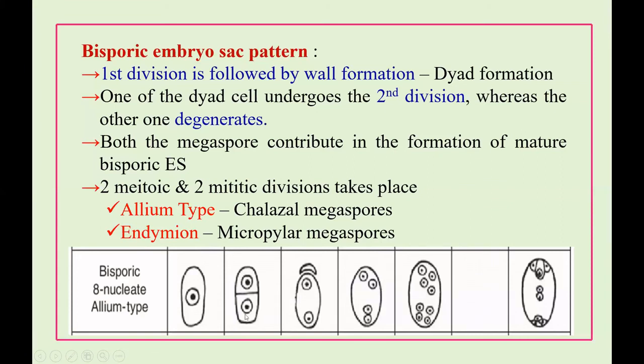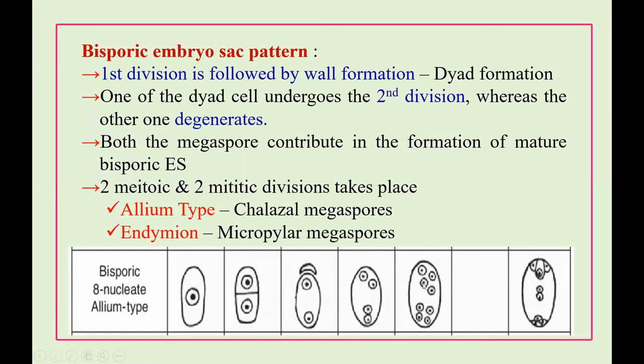Look here, the one cell in the dyad undergoes division and forms two, and both of them will participate in the embryo sac development. These two undergo mitosis 1 and give rise to 4, and these 4 again undergo the second mitotic division and develop into 8 nuclei.